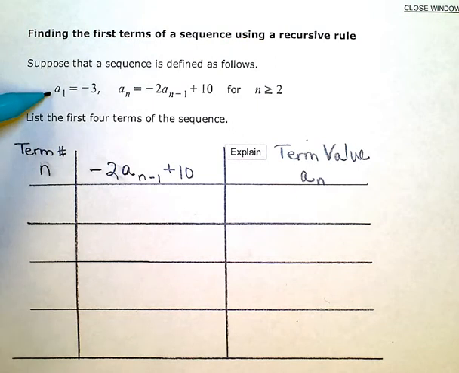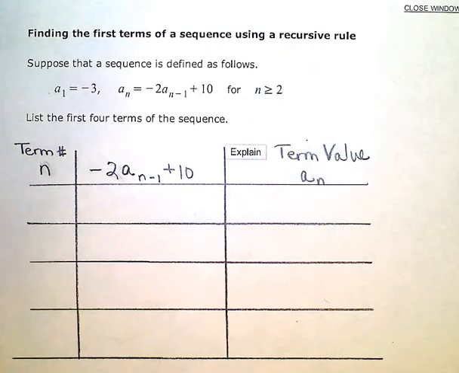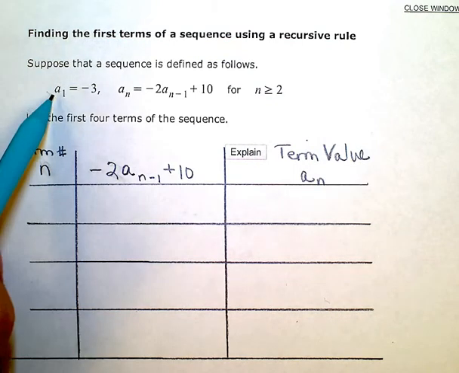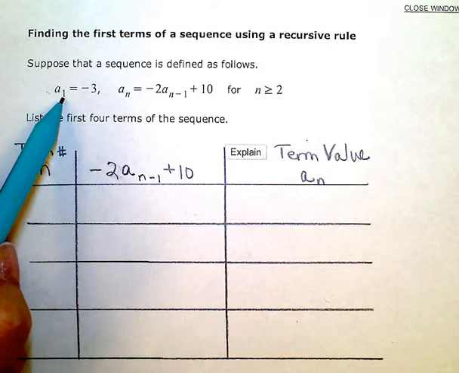Now, a recursive rule means that I have a little set of symbolic instructions telling me how I'm going to generate this sequence, okay? And it's in sequence notation, so this A subscript 1, or we say A sub 1 here, the subscript is kind of like an exponent.